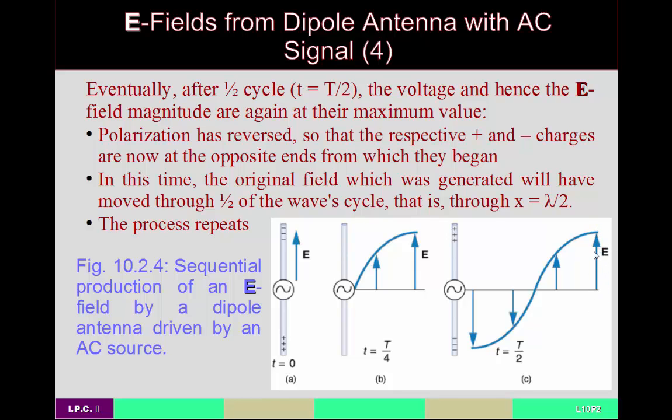And then after another half cycle you detect the maximum E field in the other direction. Another quarter cycle from there you're back at 0. But this is all delayed in time with respect to what you detect here at the antenna's location itself. So that's where you get the sine wave. This E field ends up being a function, therefore, both of time and of space.